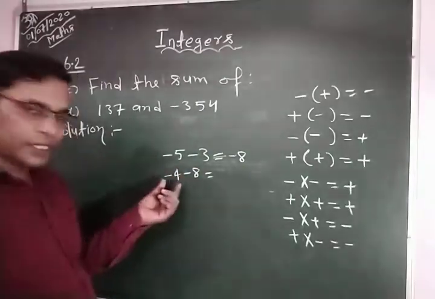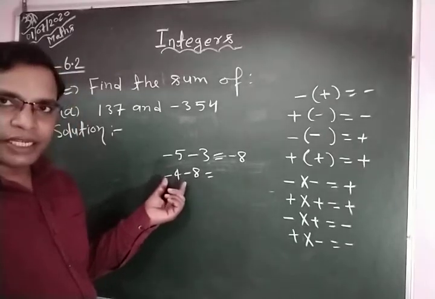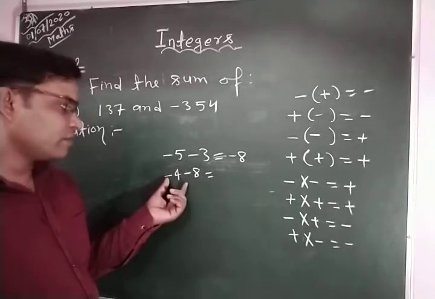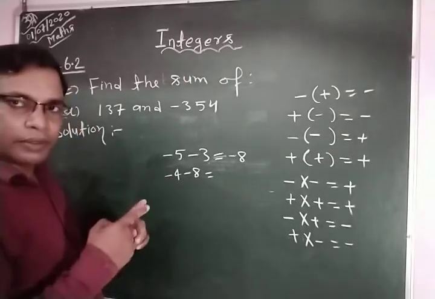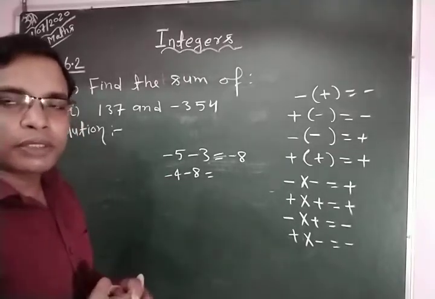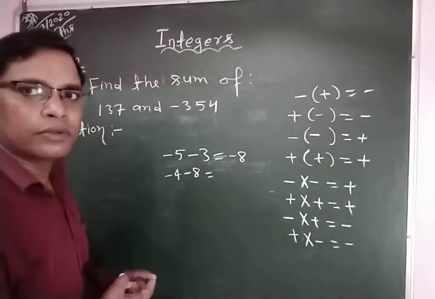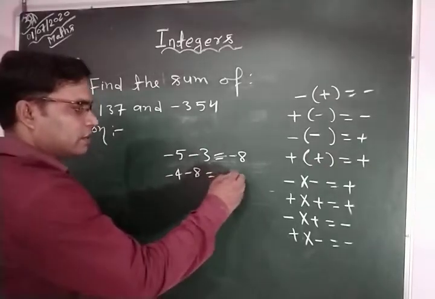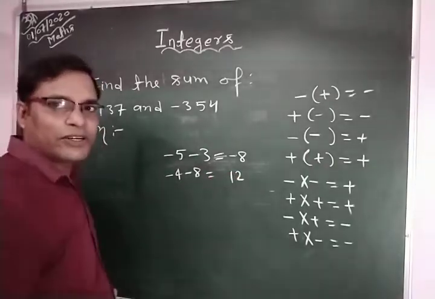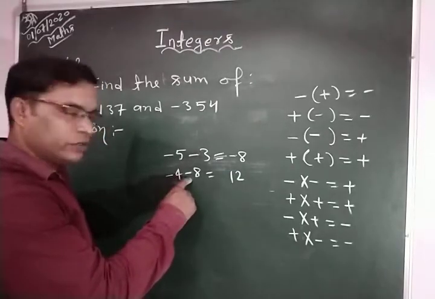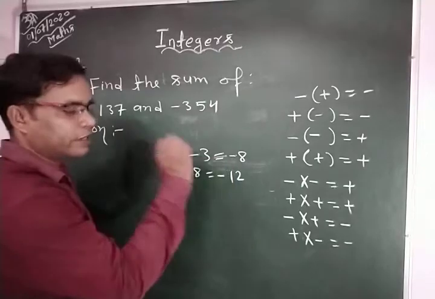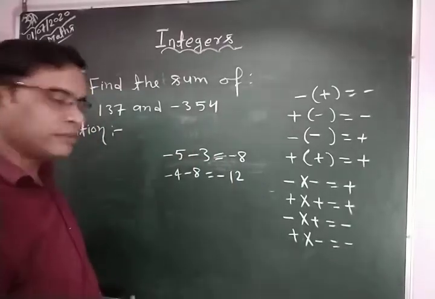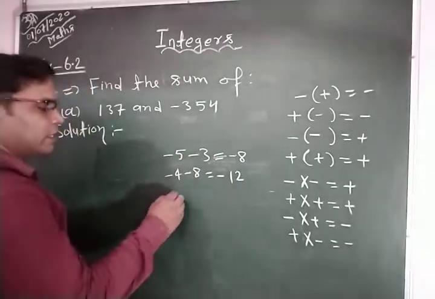Both numbers have a minus sign, so we add them: 8 plus 4 is equal to 12, and we use the minus sign here.